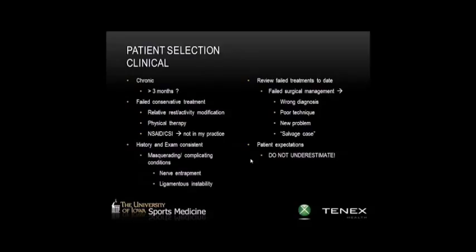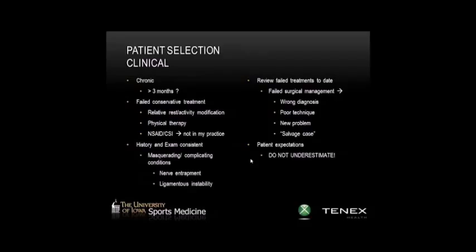I want their history and their exam to be consistent with the problem, and I think this is probably the biggest thing to take away. There are masquerading and complicating conditions out there, and these are what you want to pick up, because these are the people where you're going to be treating the wrong problem, and they're not going to do well.